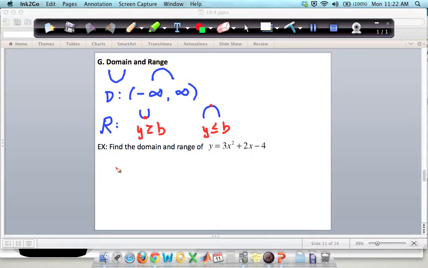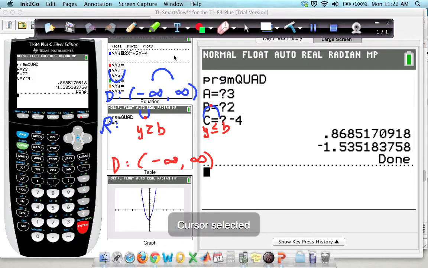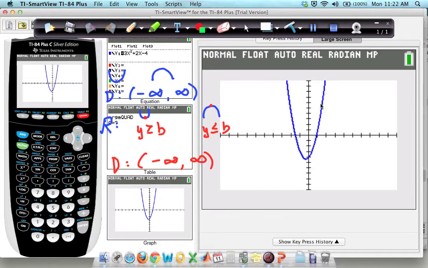So the domain, we've already said there's no restrictions here. It's negative infinity to infinity. And you can see from the graph, right? Let me graph it real quick. Over here, you can see that there's no gaps in this graph for x values. Any x value can be used.